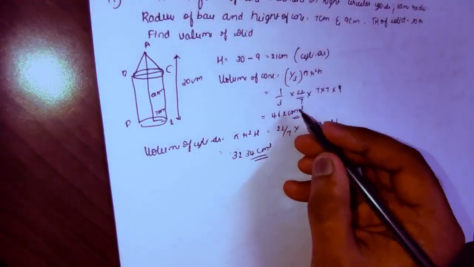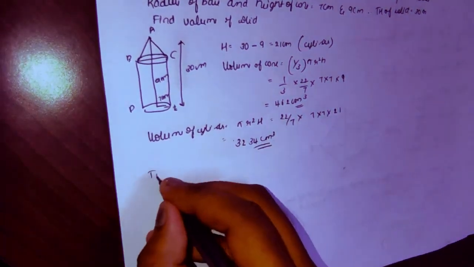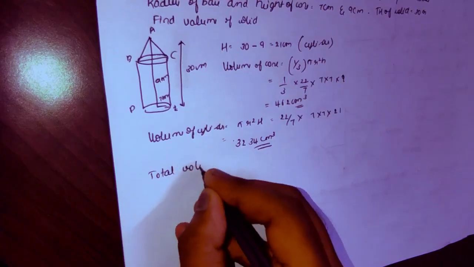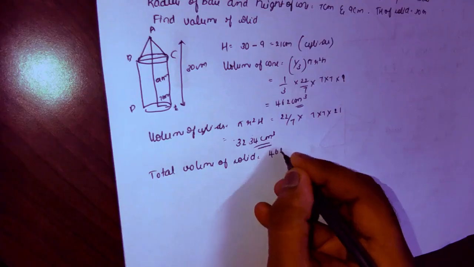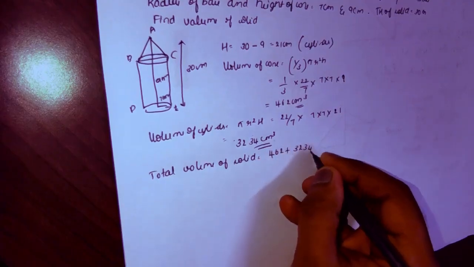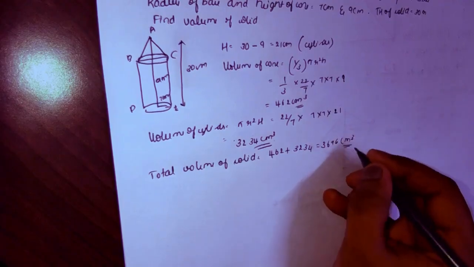Total volume of the solid is the volume of the cone plus the volume of the cylinder, 462 plus 3234, that gives 3696 centimeter cube.